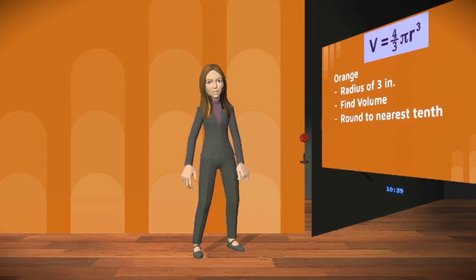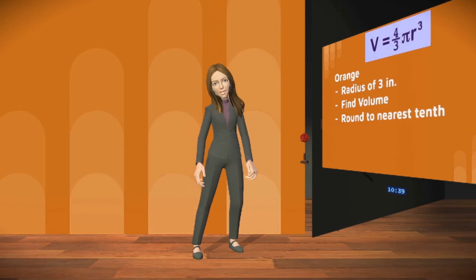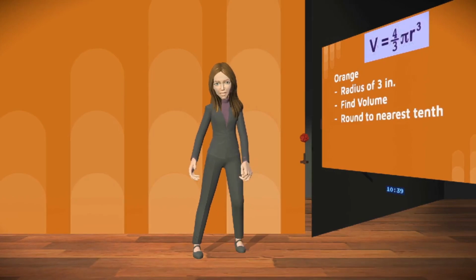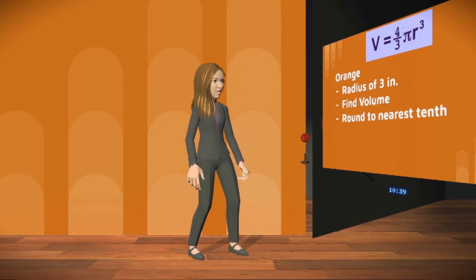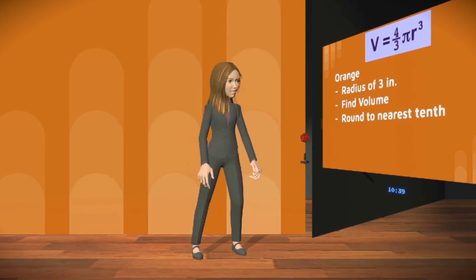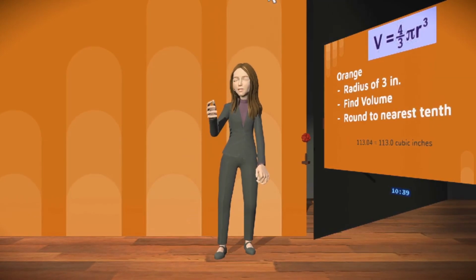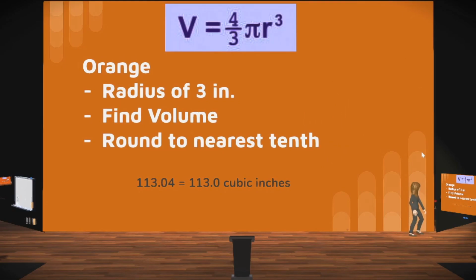So that's the pattern that we need to get used to for volume of a sphere. I'll say that one more time: 27 times 3.14 times 4 divided by 3. And then we are going to round that number to the nearest tenth. In your calculator right now, you should have 113.04.